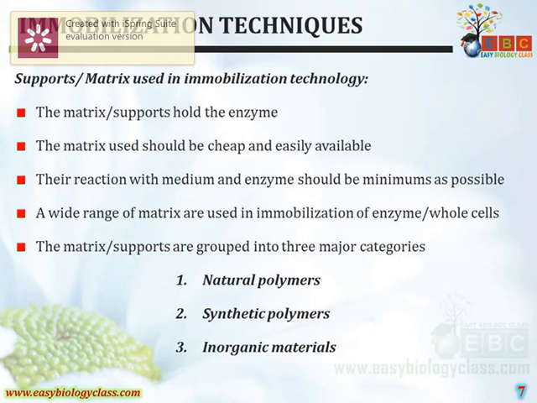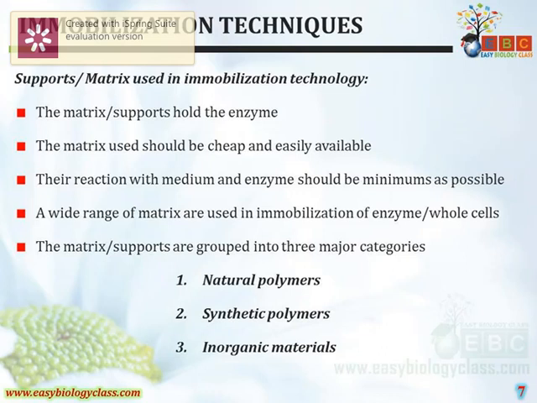Support or matrix is a very important point for understanding the enzyme immobilization process. In the definition of enzyme immobilization, there is one word, the matrix or support. A support or matrix may be a natural polymer, a synthetic polymer, or an inorganic material, or charcoal.